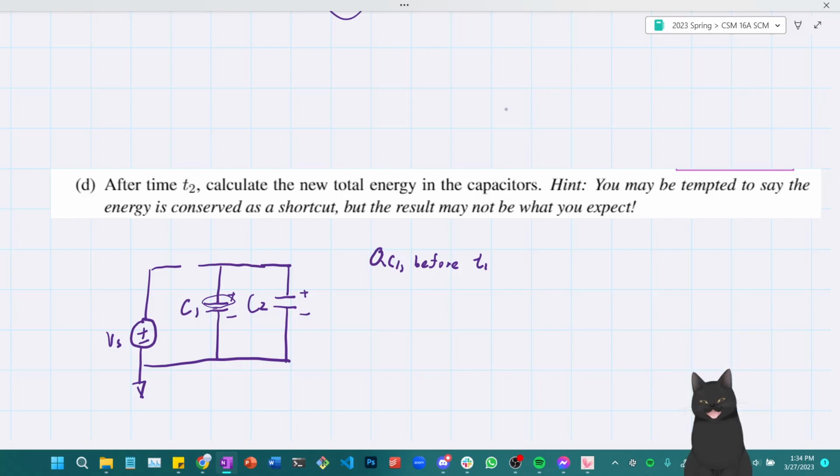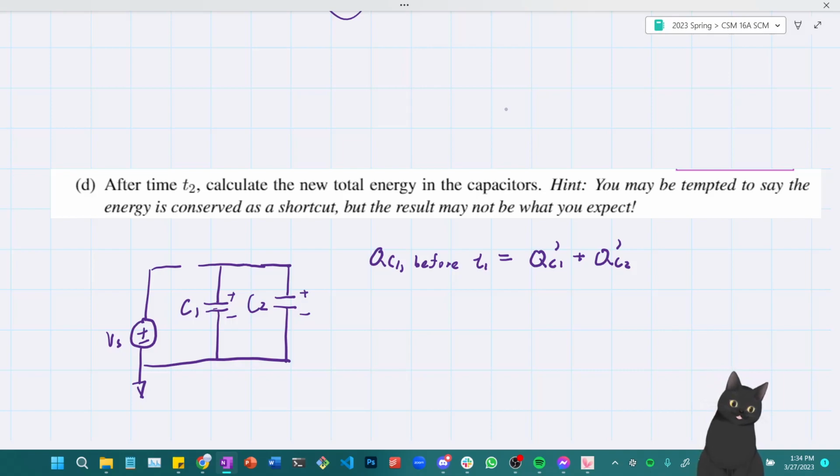But when I connect T2, now the charge on C1 has somewhere to flow, which is the plate of C2. So QC1 before T1 is now equal to the sum of the new charge on QC1 and QC2.